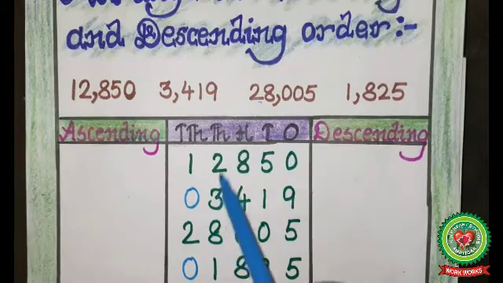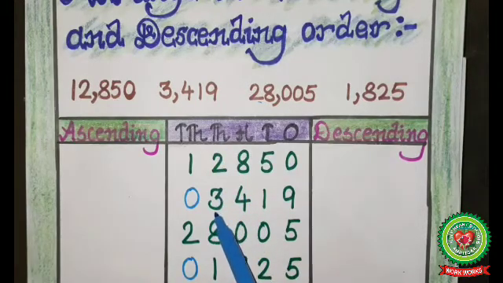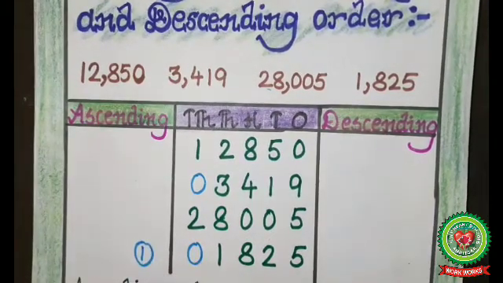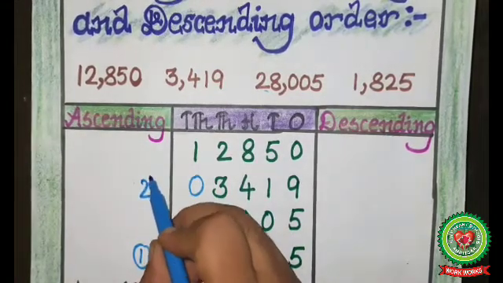Now move to the next place, that is thousands place. Compare the numbers that are at thousands place, that is 3 and 1. Now which is smallest? Yes, 1 is smallest. That means this is number 1 and this is number 2.